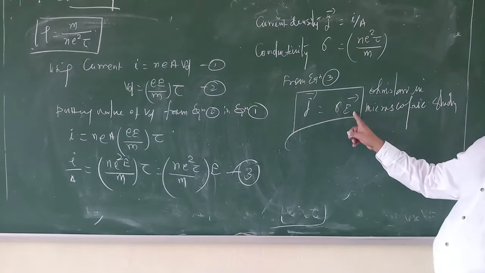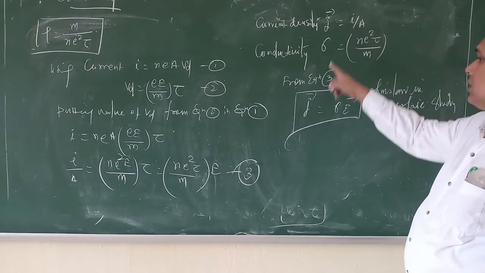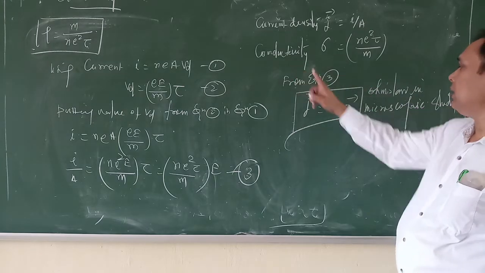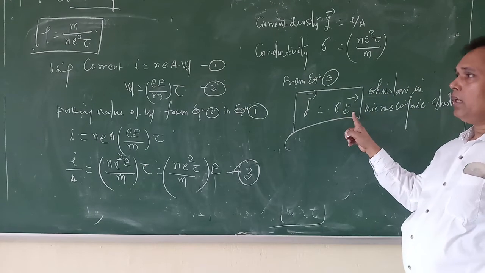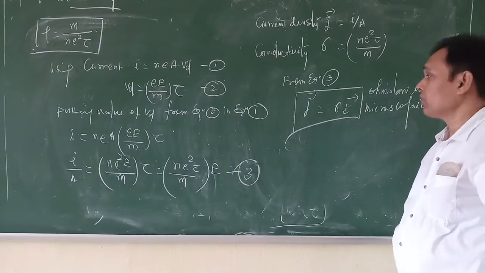J equal to sigma E, where J is the current density, sigma is the conductivity, and E is the electric field.